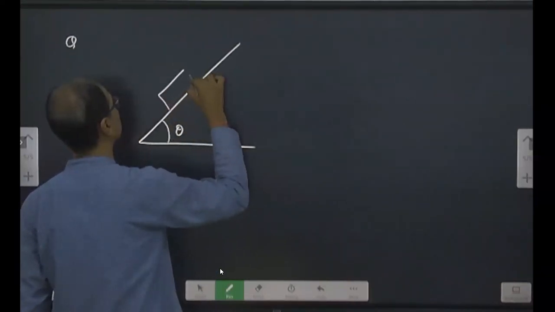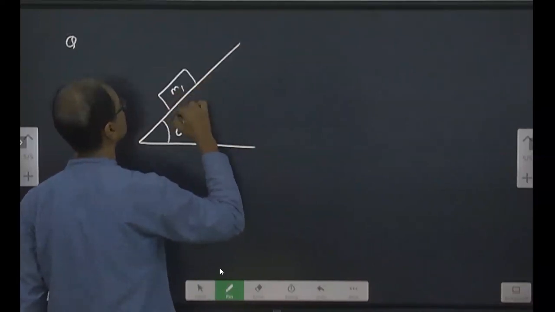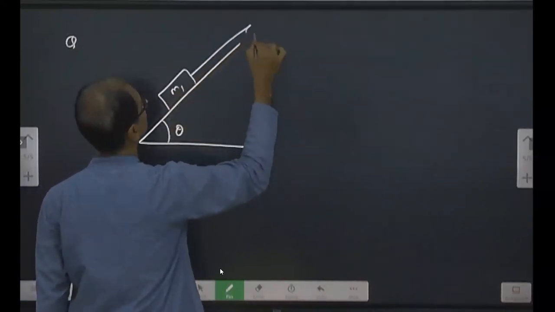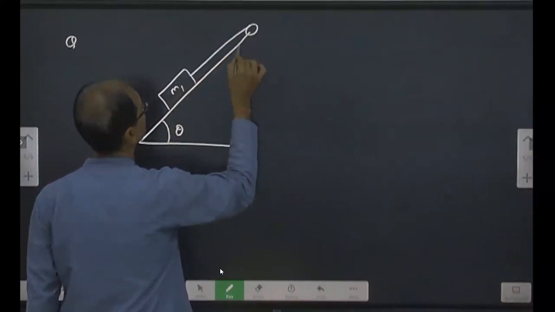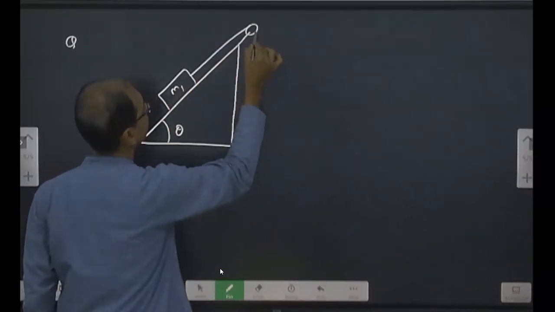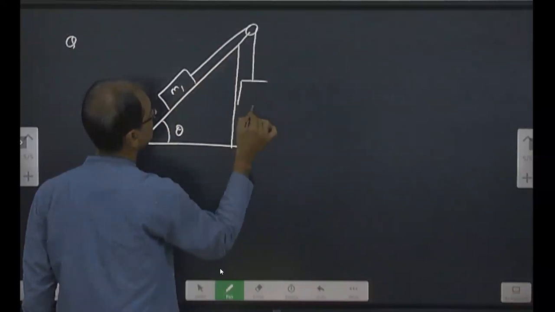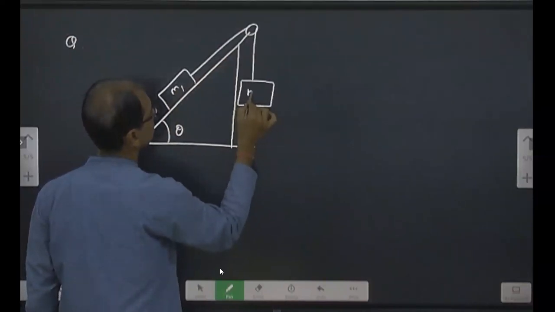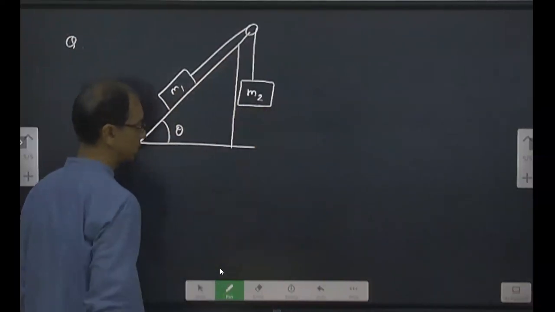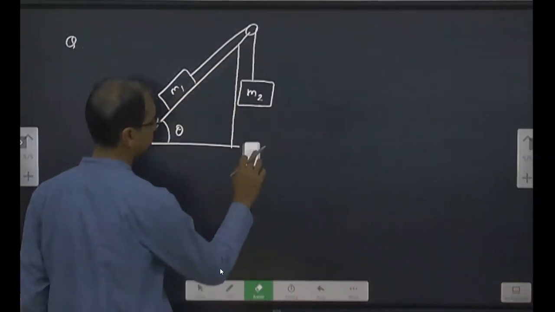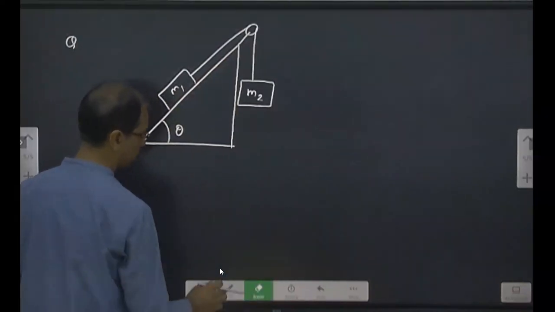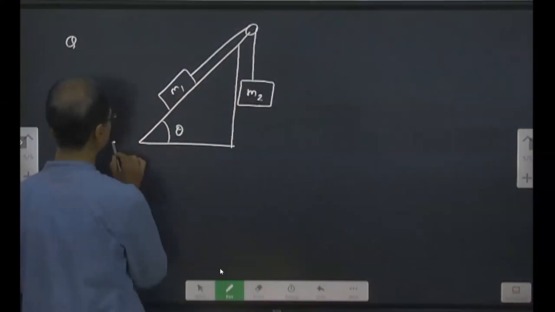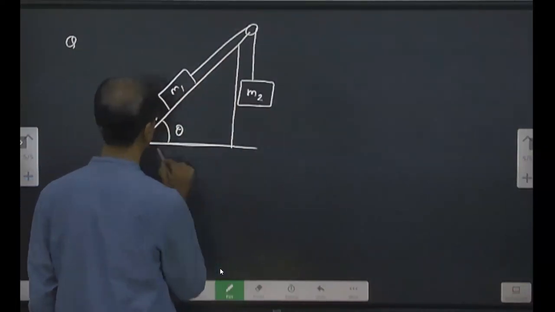Let's say a block is here, M1. Here is a pulley. And here is another mass. It's like this. Okay, and it's fixed. This wedge is not moving anywhere. It's fixed.